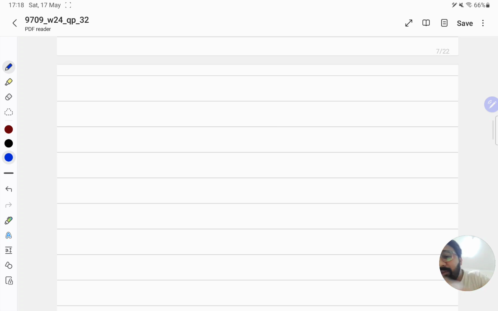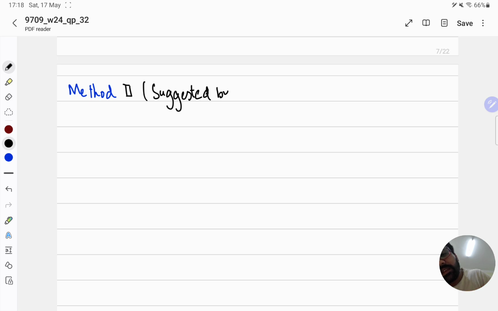Method number 2, suggested by the marking scheme.